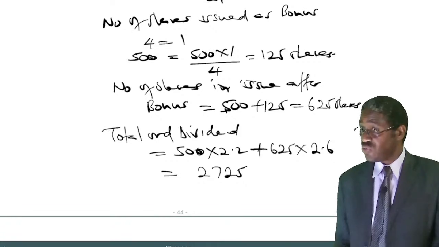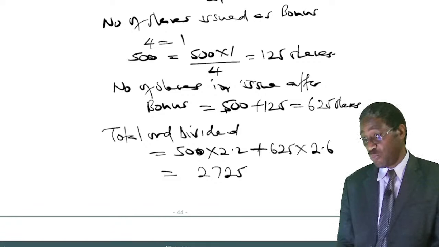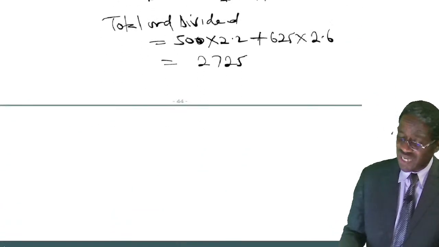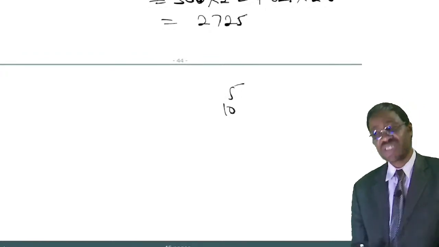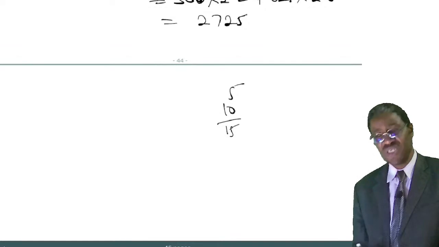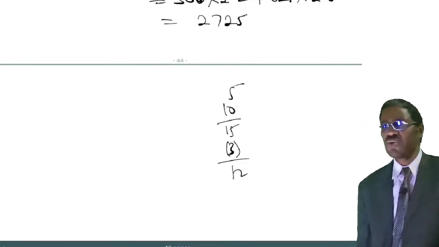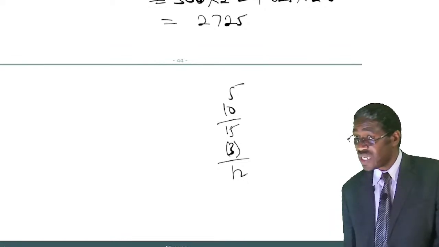So our cost of sales is overcosted. I hope you are getting. It is overcosted. You can even look at an illustration by saying, if your opening stock is 5 and your purchases are 10, that gives you 15. If your closing stock is 3, that gives you your cost of sales as 12. But our closing stock is undercosted.